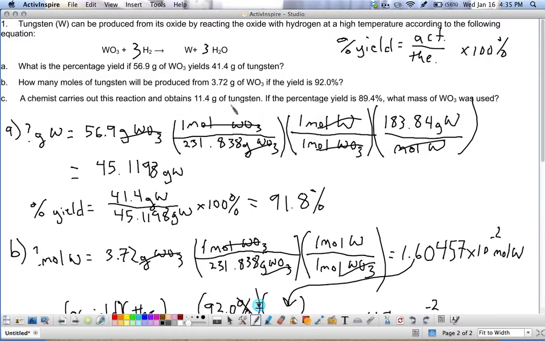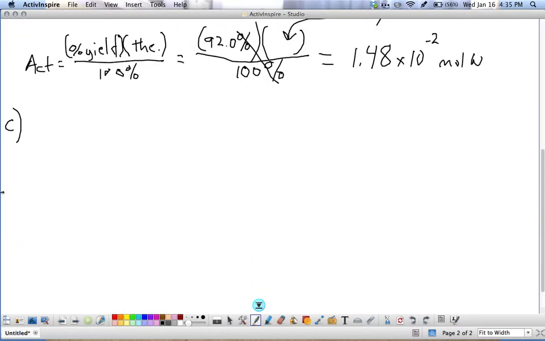That's your actual. They give you the percent yield. So what they're asking you to do is take the theoretical yield and back calculate to the mass of tungsten oxide. And that is a lengthy, somewhat, calculation.